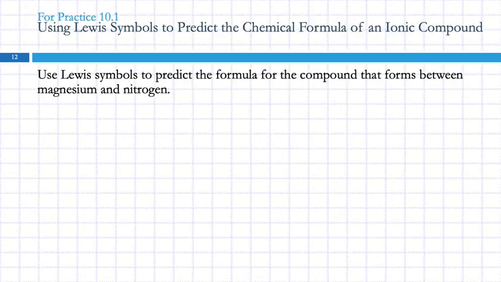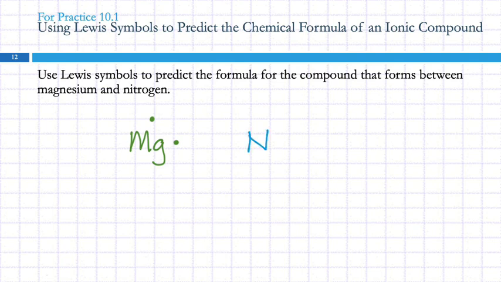So let's use Lewis symbols to predict the formula for the product that forms between magnesium and nitrogen. So how many valence electrons does magnesium have? 2. And then we've got nitrogen.